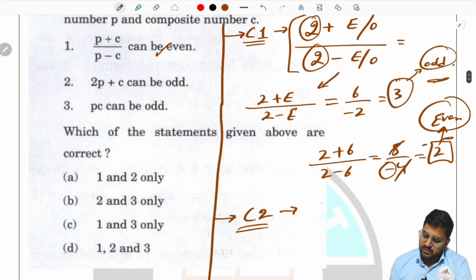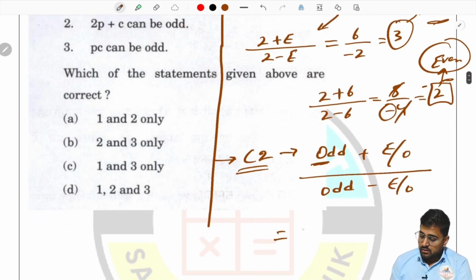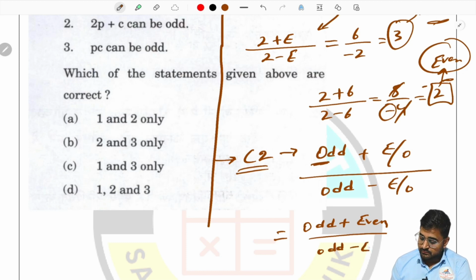Leave this. Now, if you avoid 2, then all the rest of the prime numbers are odd. So it is compulsorily odd now. And again you have a situation. Again in case 1, odd plus even by odd minus even.